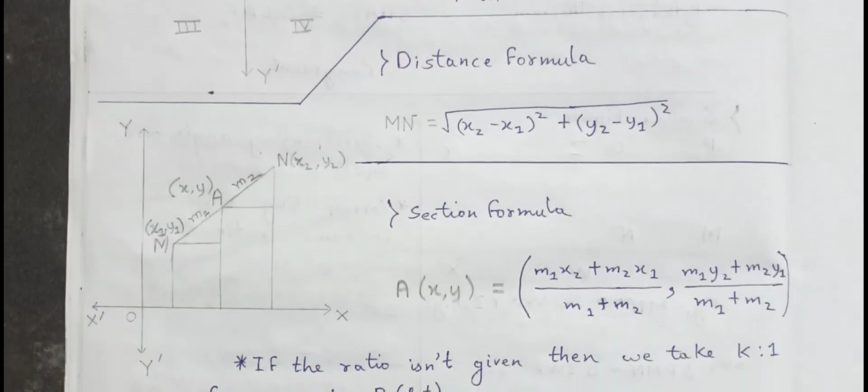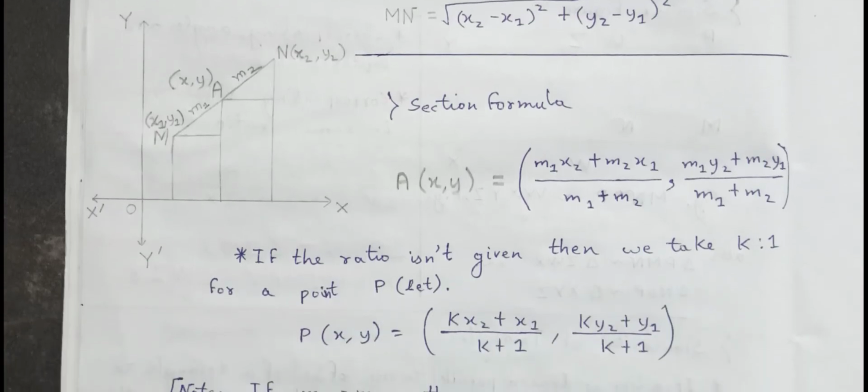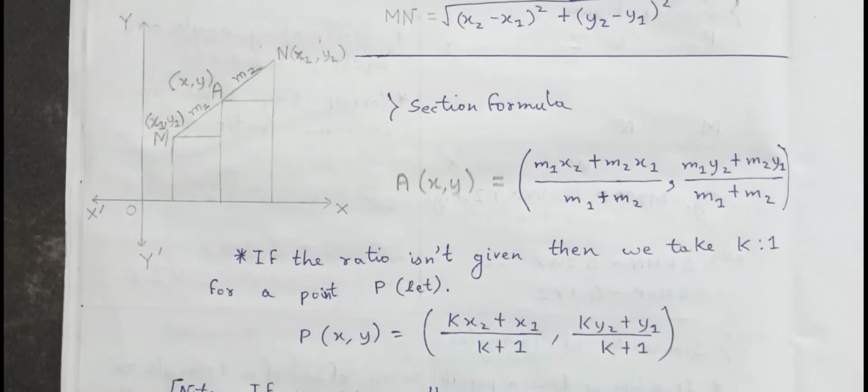So let's go ahead to the section formula. The section formula is a formula to figure out the ratio. Firstly, at what ratio the line segment is divided.